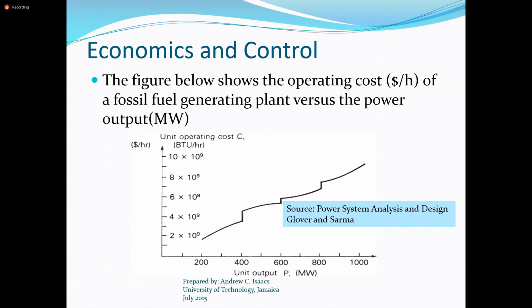So from a power system operation standpoint, our objective in using reactive power is to impact the voltage at the bus bar. All right.